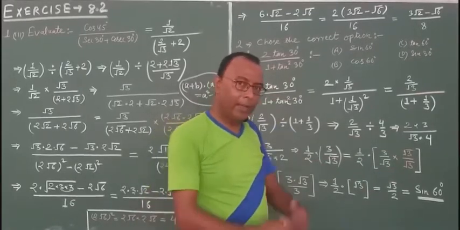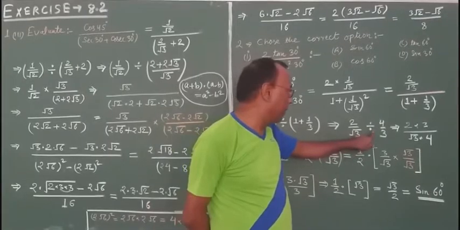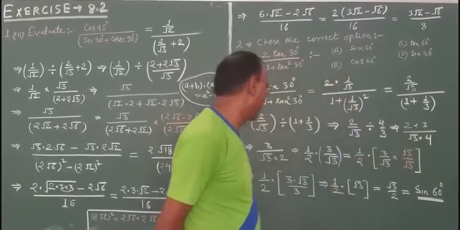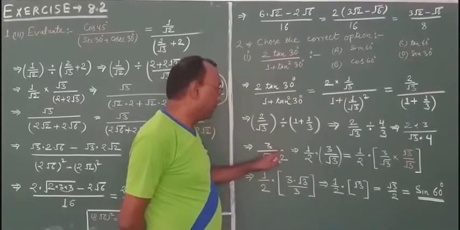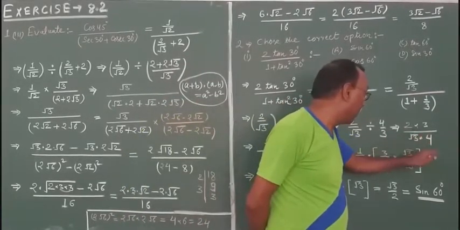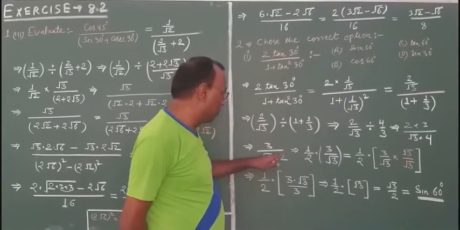So 2 upon under root 3 multiplied with 3 upon 4. Now just look here. 2 2 is 4. So what will be left here? 3 upon under root 3 into 2.